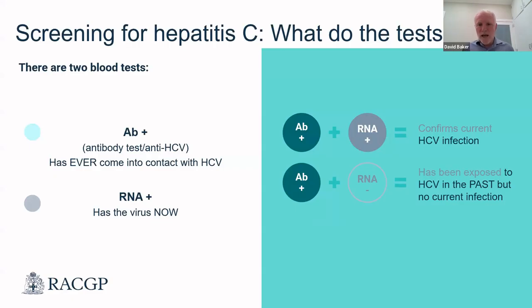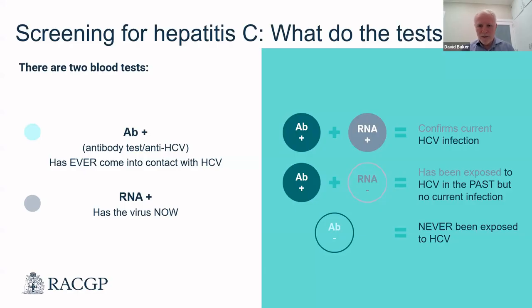And if we've asked the lab to do a reflex test, they might hopefully have done the RNA test without us having to take off any more blood. So having an antibody and RNA means current infection. Positive antibody, negative RNA means previous infection, but no current infection.